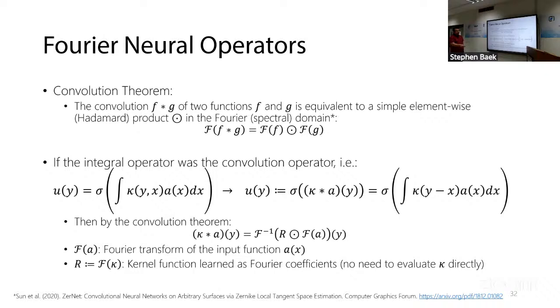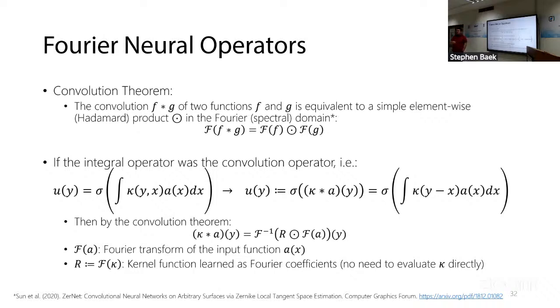Whenever the input comes in, we perform the Fourier transform of that input signal, compute the element-wise product with the parameters that we learned, and then take the inverse Fourier transform. That is essentially the output of this integral.